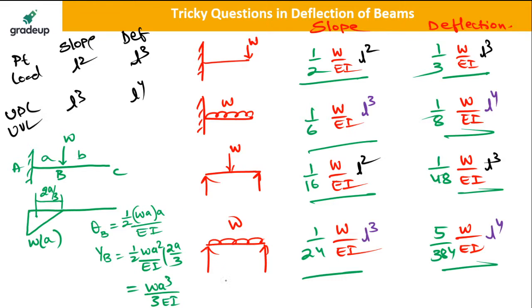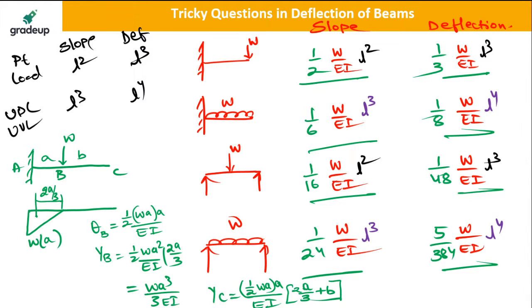This is for B. And your YC is equal to half W into A divided by EI, and X bar to be taken from the question asked. So 2A by 3 plus B is called as Y bar. Is this clear now?